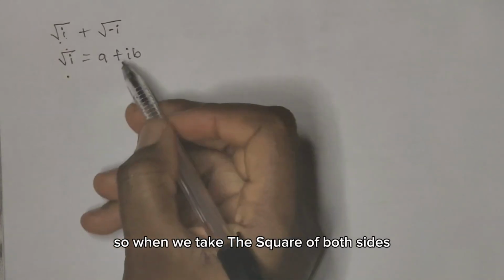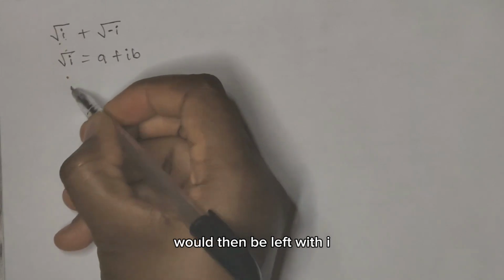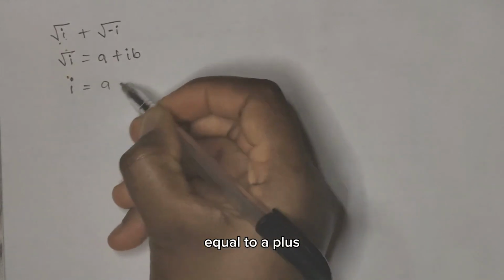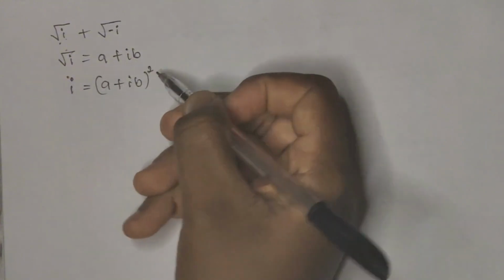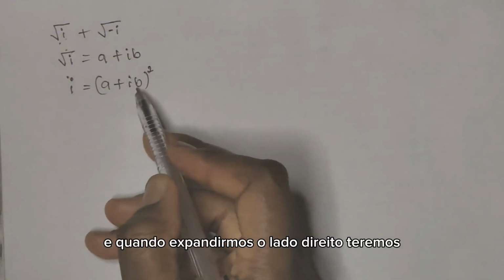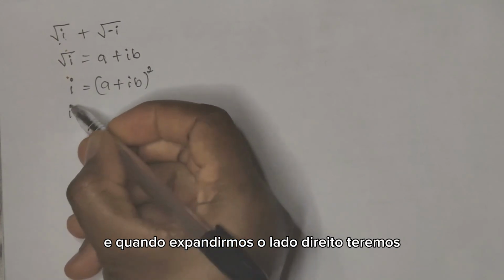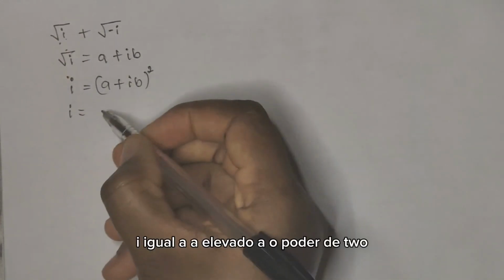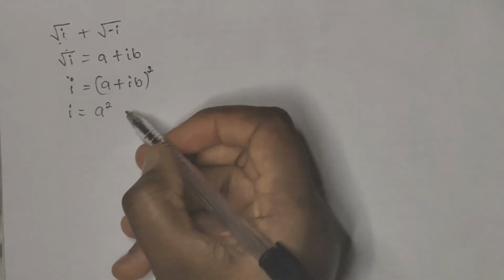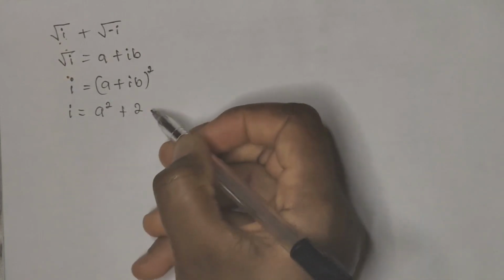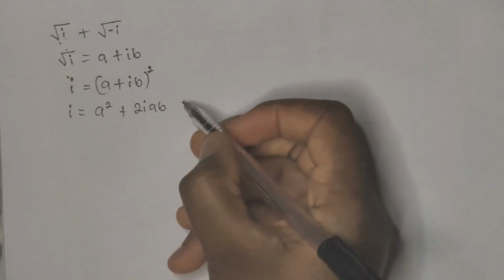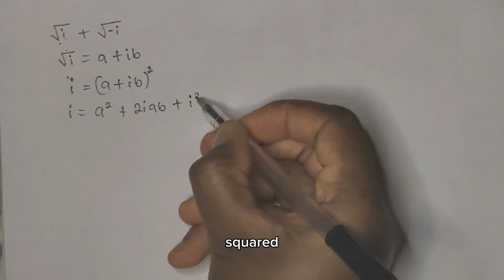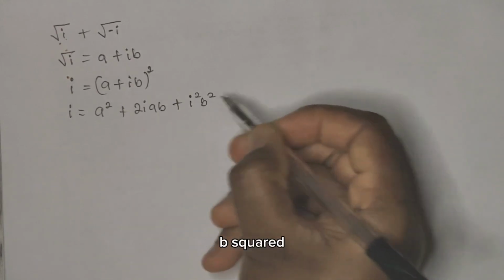When we square both sides, we are left with i equal to (a plus ib) all squared. When we expand the right hand side, we have i equal to a squared plus 2 times i times a times b plus i squared b squared.